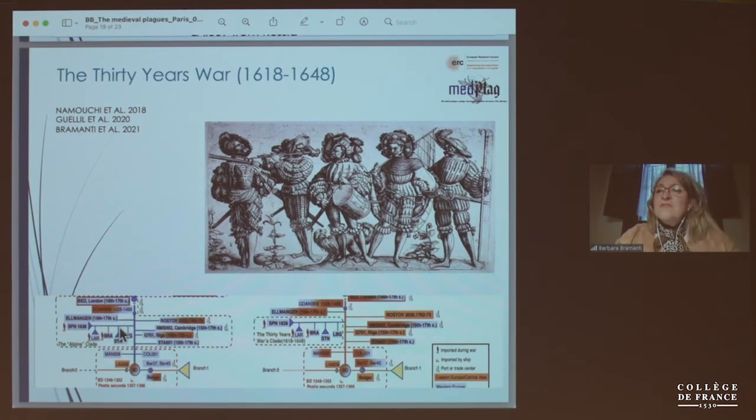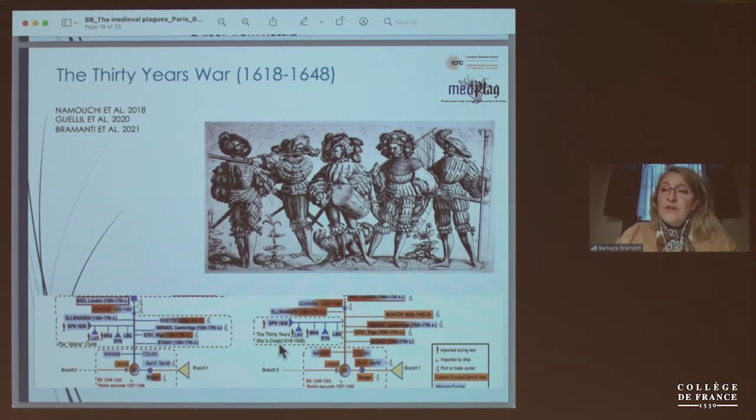There is some uncertainty about the dating of the samples, and for instance, you can see that the strain of Cambridge can be dated from the 15th until the 17th century. Therefore, it's not so easy to give an explanation. But for some strains, like those represented on the right, I don't know if you can see my arrow, they are marked with the Thirty Years' War clade.